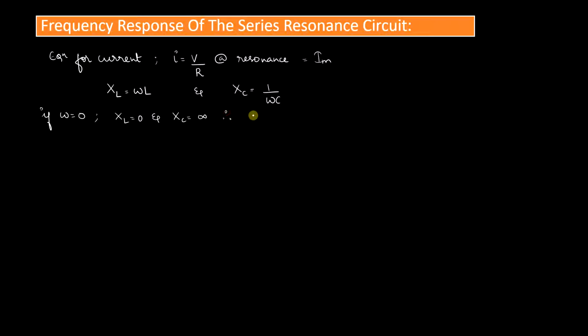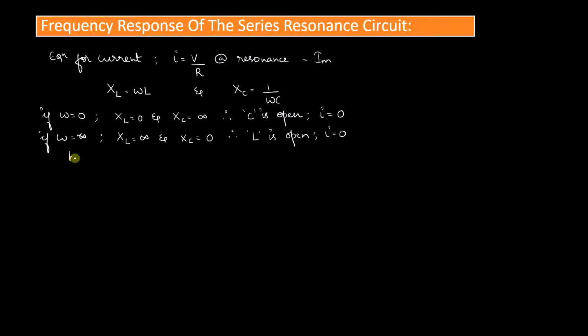So the capacitor in the series RLC circuit will be acting as an open circuit, and the current flowing in the circuit will be equal to 0. If omega is equal to infinity, then XL will be equal to infinity and Xc will be equal to 0. In this case, the inductor will act as an open circuit, and again current will be equal to 0.